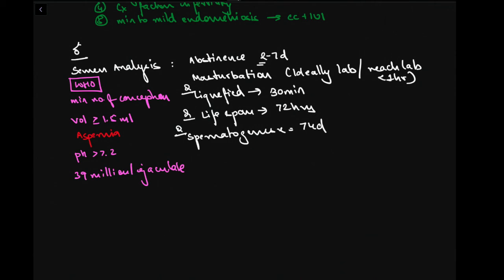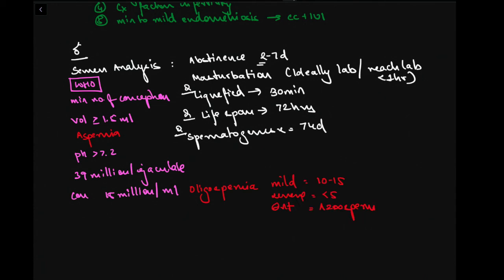The concentration is 15 million per ml, right? If it is less, it is called oligospermia, right? 10 to 15, less than 5, and absence is azoospermia. Then motility, it should be 40%, while progressive motility should be 32%.